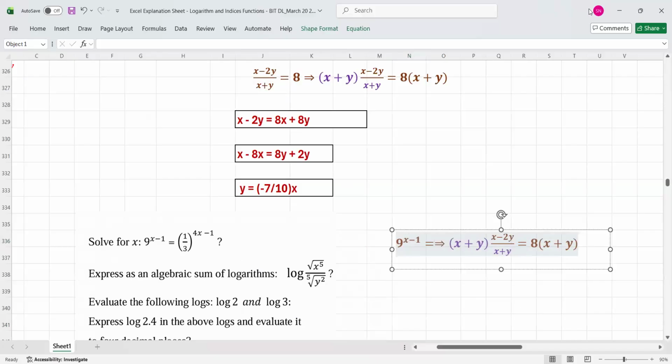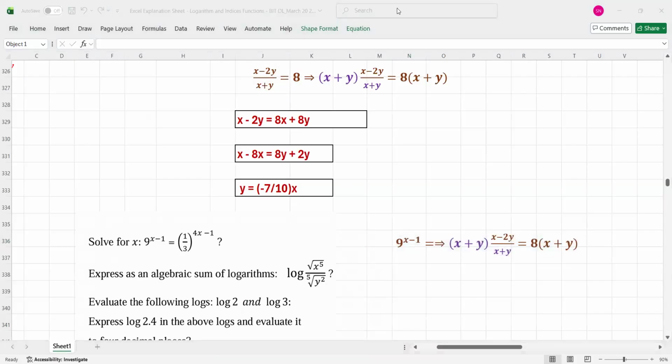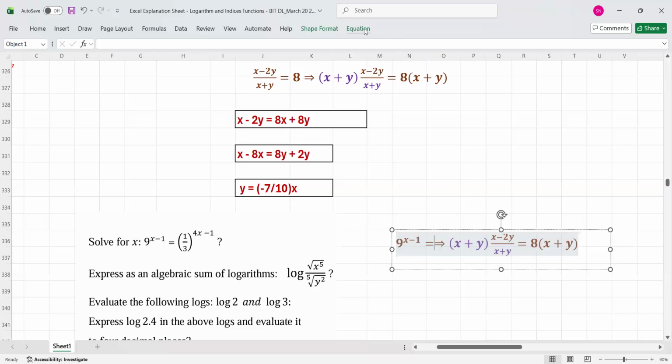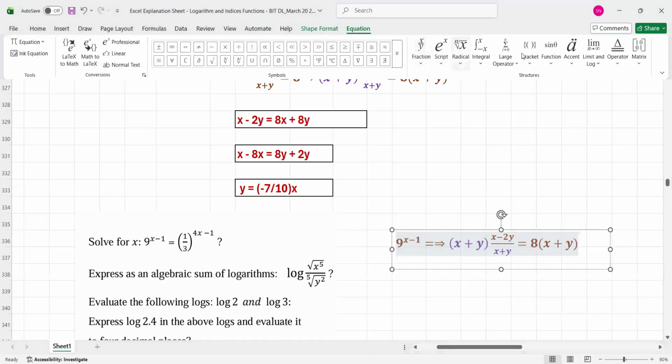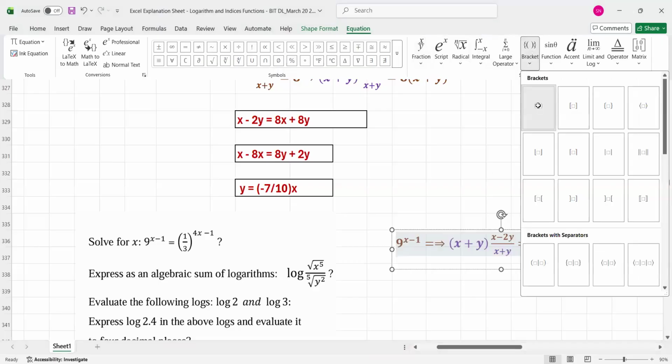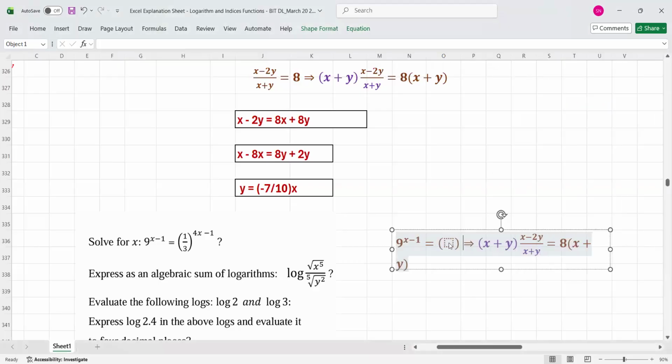Give me a minute. Let me pull a bracket. Okay, so a bracket all raised to the power 1 over 3, 1 divided by 3, and also this one all raised to the power 4x minus 1. Okay, so how do we solve this?